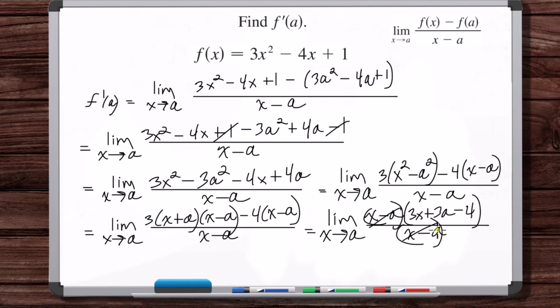Okay, so the x minus a's cancel, and we're left with 3x plus 3a minus 4. So as x approaches a, you get 6a minus 4, which is f prime of a.